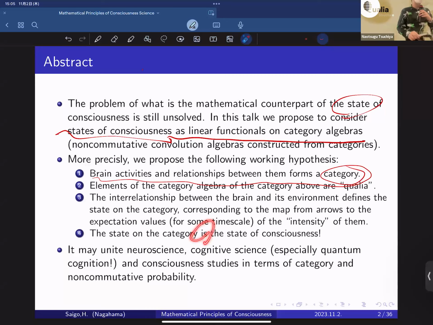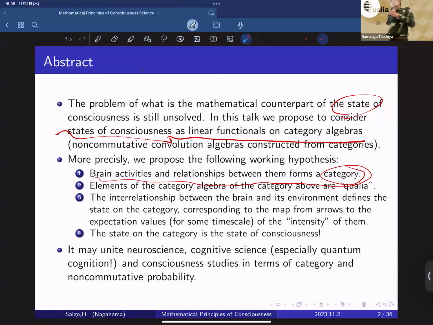Of course, this is a kind of interpretation. This is the phenomena and the mathematical model. It may unite neuroscience, cognitive science, especially quantum cognition, and consciousness studies in terms of category and non-commutative probability.